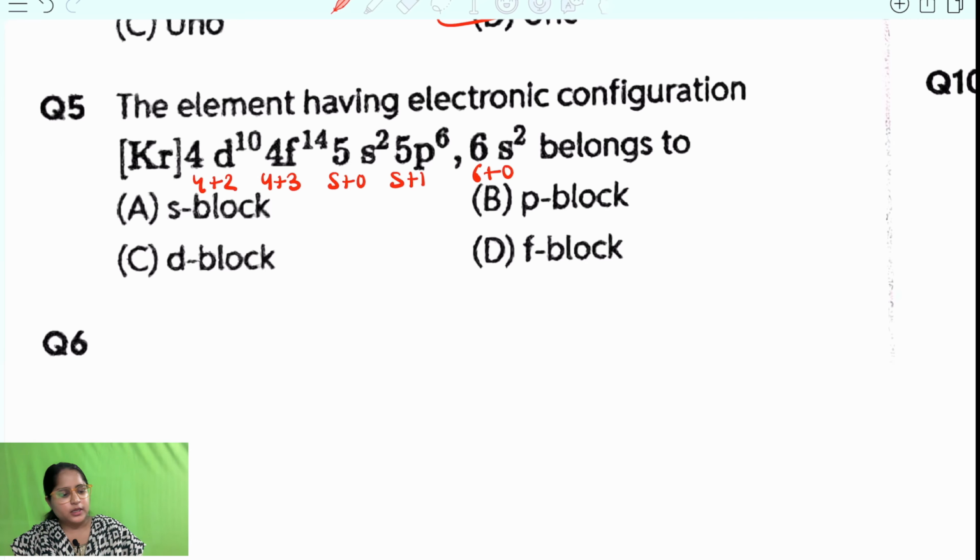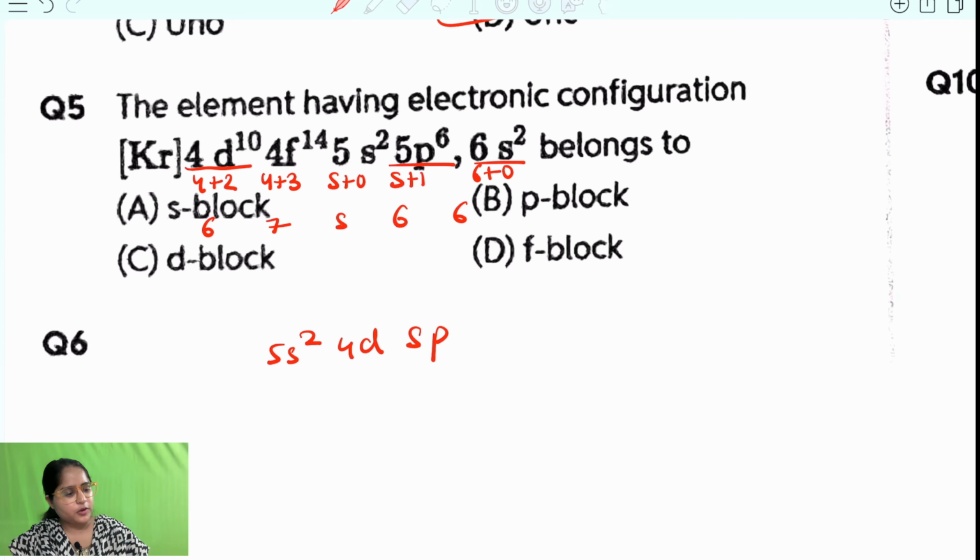So 4 plus 2 we are getting 6, then 7, then 5, then 6, then 6. We will arrange in increasing energy order, lower to higher. So 5s first, after that the 6 things will come, but among the 6s who will be lowest? 4d. Then 5p.